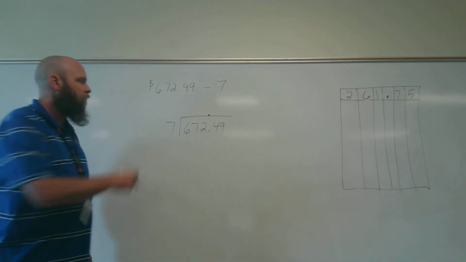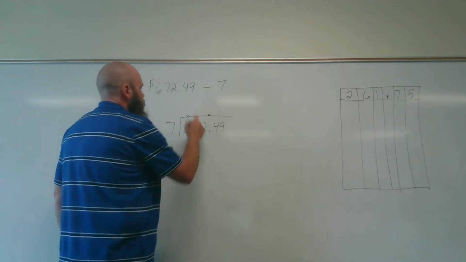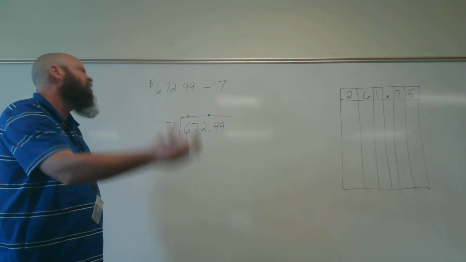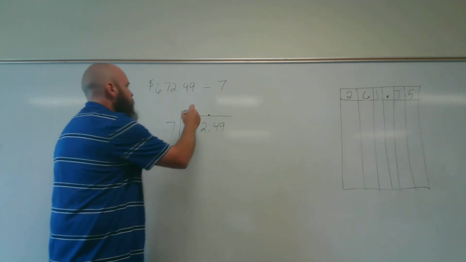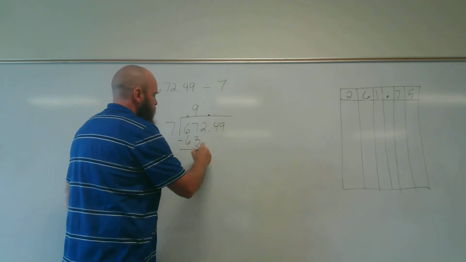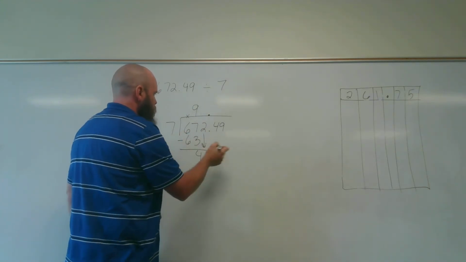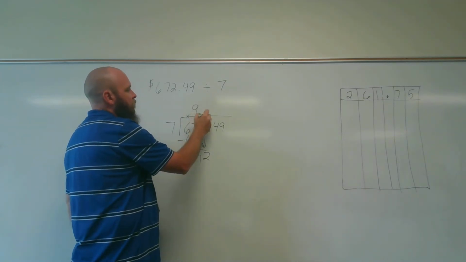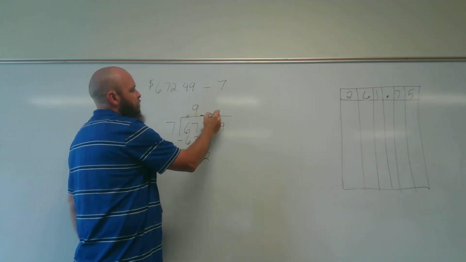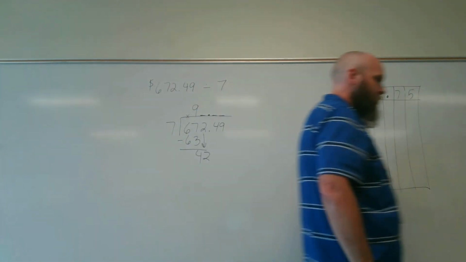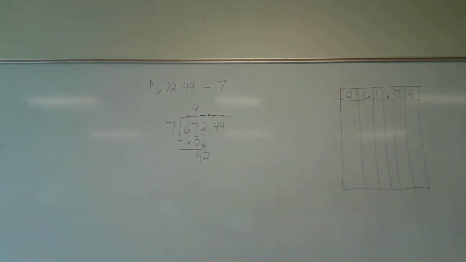So I know those. Does 7 go into 6? No. Does 7 go into 67? Yes, it does. 9 times. 9 times 7 is 63. Subtract, you're going to get a 4. We bring down our 2. Now we know we had a number over the 7, which means I need a number in the ones place, the tenths place, and the hundredths place. I can't leave any of them blank.